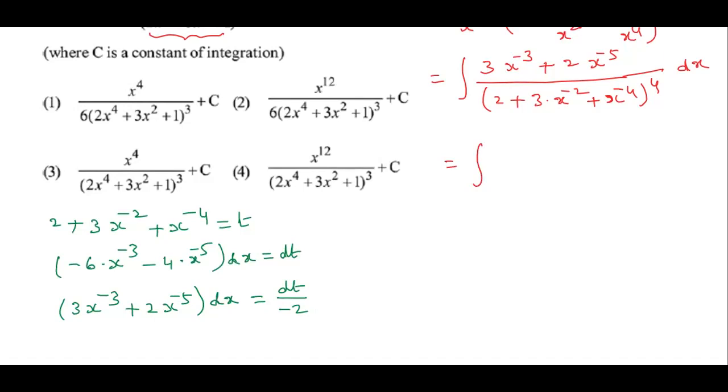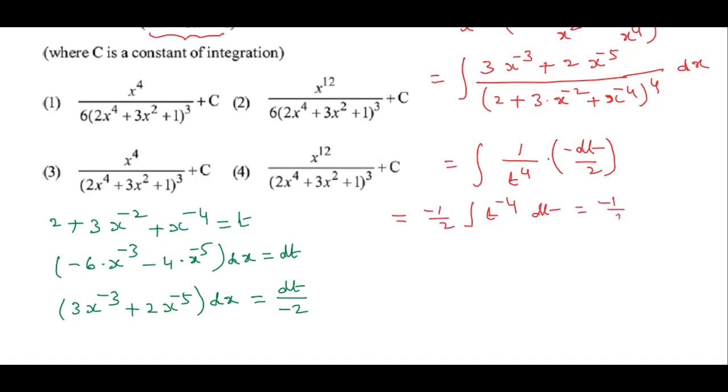Numerator part we can write 1 by t power 4 into numerator part, that is minus dt by 2. Take the constant outside: minus 1 by 2 integration t power minus 4 dt. What is integration t power minus 4 dt?